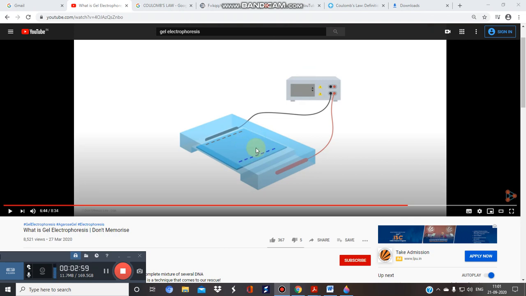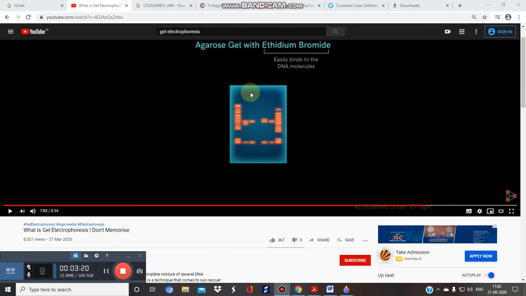So to observe the DNA molecules, we will treat this gel with a chemical, the ethidium bromide solution, to observe the separation that occurs in the different DNA fragments. And why do we use ethidium bromide? Because it binds to the DNA molecules, and when we observe this under UV light, what will happen?